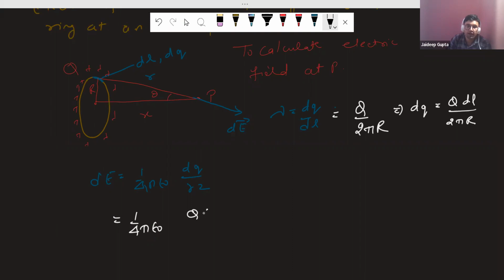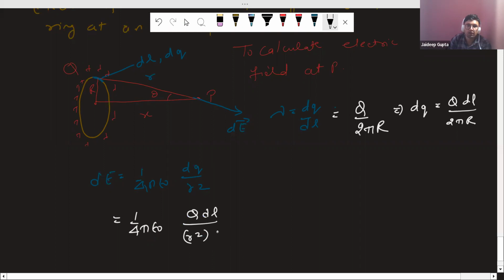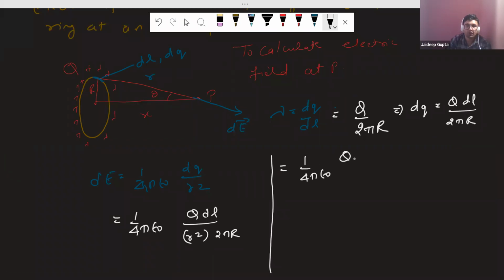So dE equals 1 over 4 pi epsilon, q dl over r square, times 2 pi R.